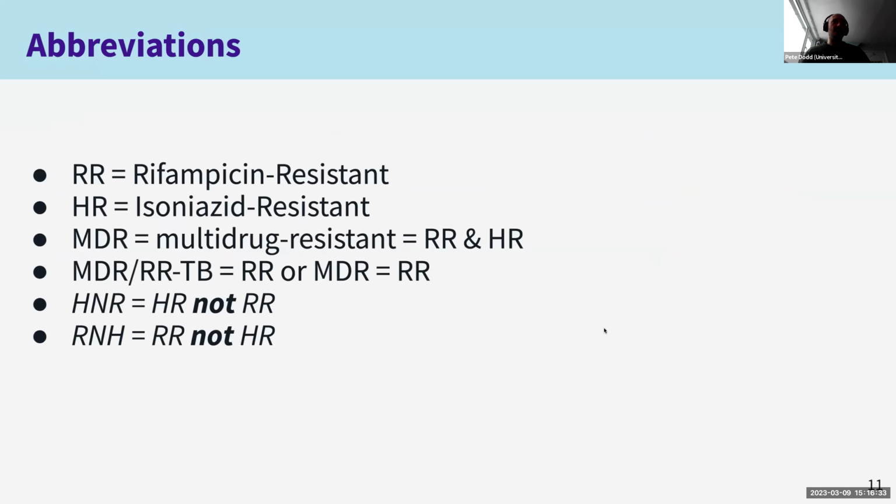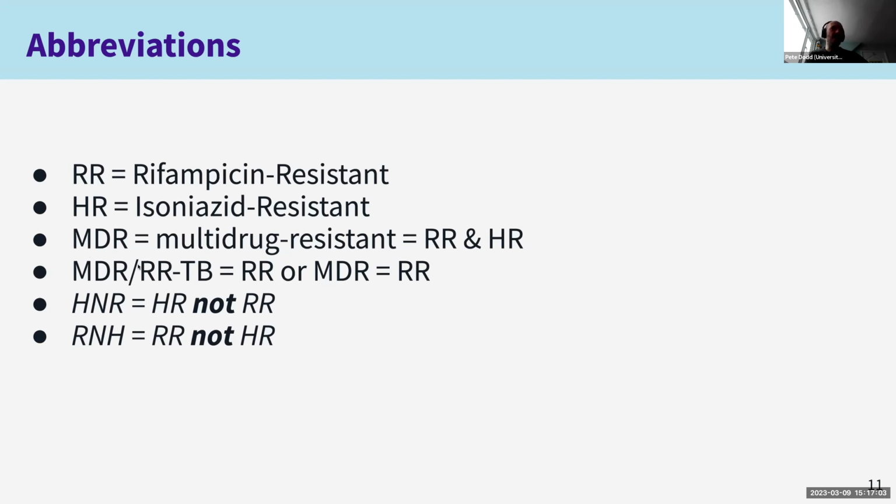Before I go on, I've already used rifampicin-resistant as an abbreviation. Isoniazid-resistant is often abbreviated with an H. MDR, as you almost certainly know, is both rifampicin and isoniazid resistance. And this newer term, MDR/RR, is basically rifampicin resistance, but with sexier branding.